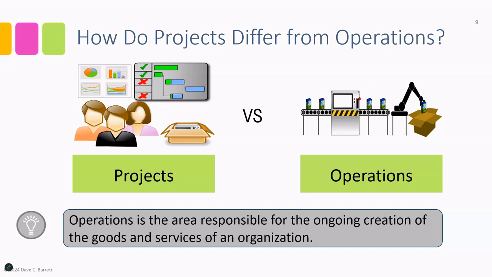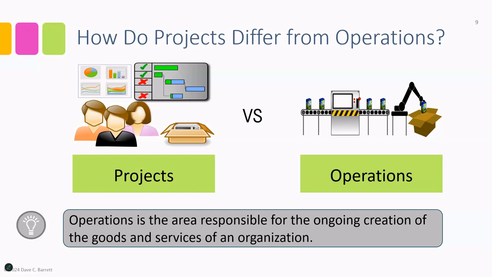The characteristics of operations are the opposite of projects. That is, instead of being temporary, operations are ongoing. They continue as long as the organization is in business. And instead of endeavoring to create something unique, the idea of operations is to create consistent and identical output.